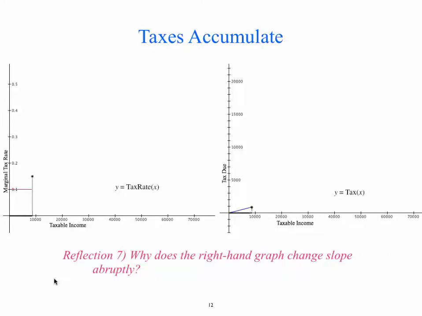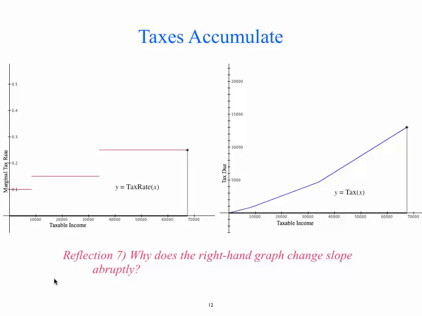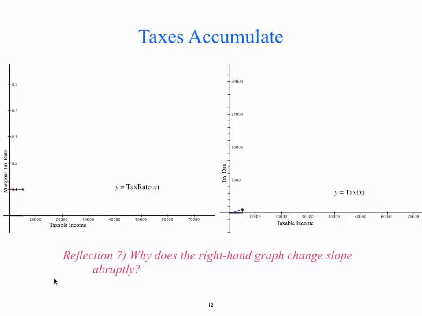And why does the right-hand graph change slope abruptly? Well, the next cent. Go ahead. The next cent on any money past that threshold. Yeah, right. So you could even go smaller than dollars. That's true. Why does the right-hand graph change slope abruptly? Amelia. Because the rate of change changes abruptly.